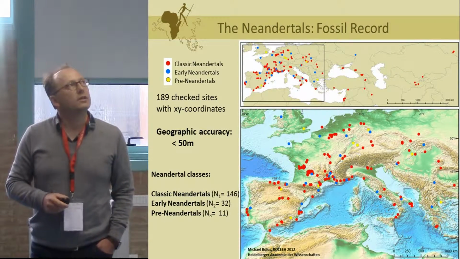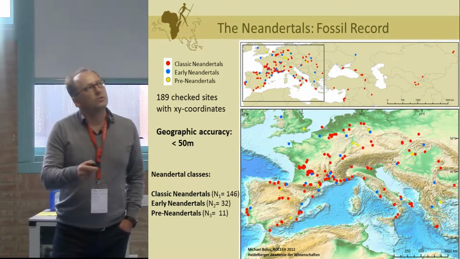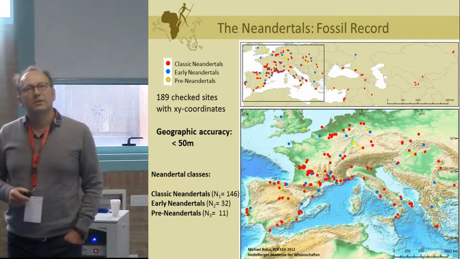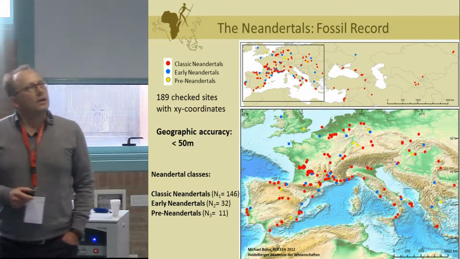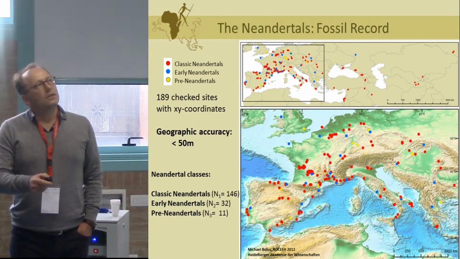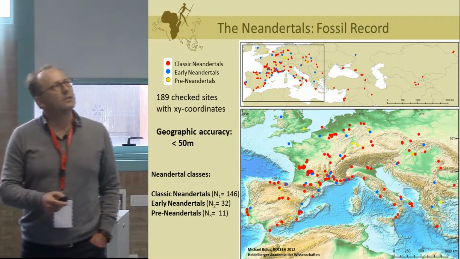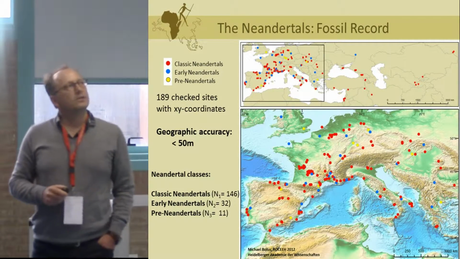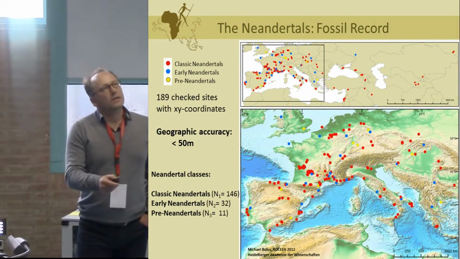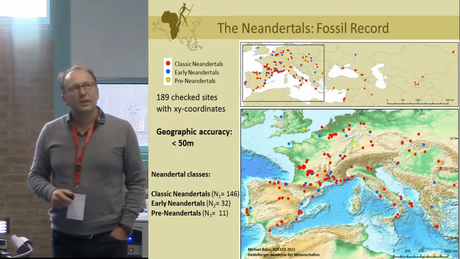We checked in the XY coordinates, and the geographic accuracy is less than 50 meters. Actually, the three classes of Neanderthals consist of 146 cases for classical Neanderthals, 32 sites of early Neanderthals, and the pre-Neanderthals are just 11 cases.